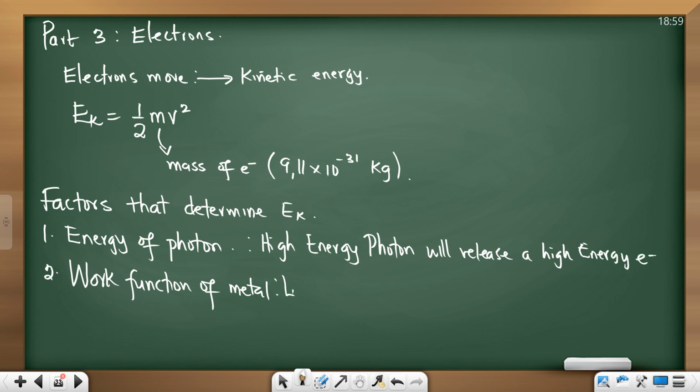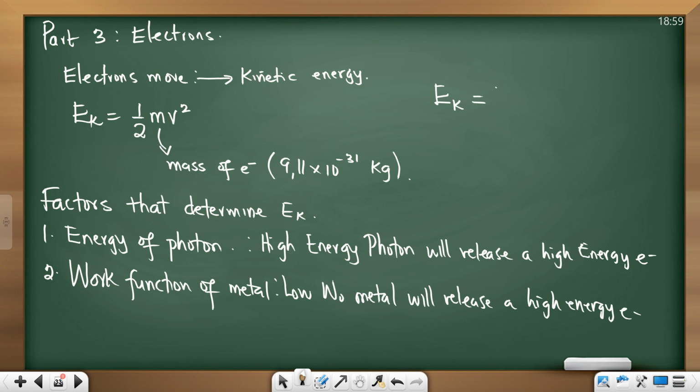A low work function metal will release a high energy electron. Why? EK is equal to E minus work function.